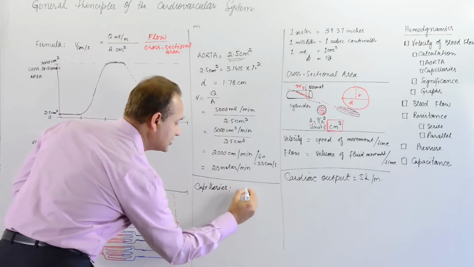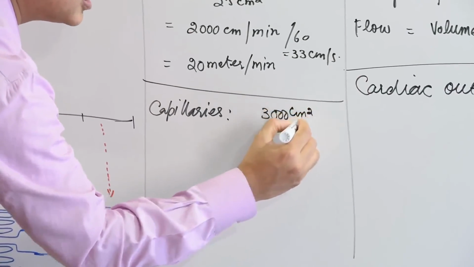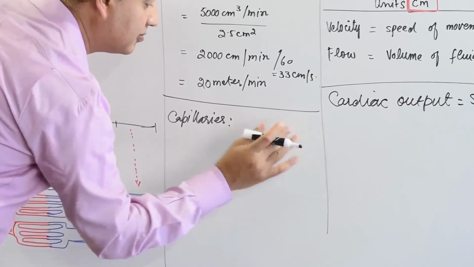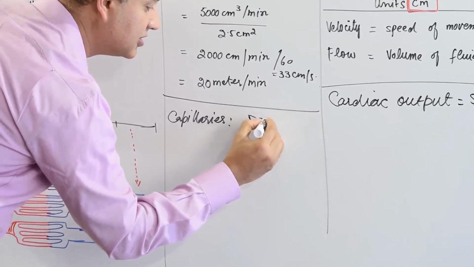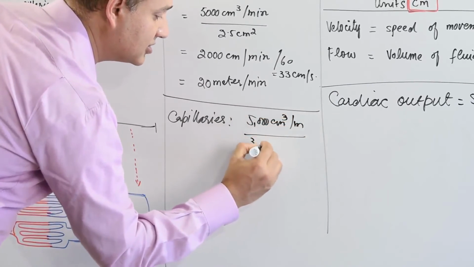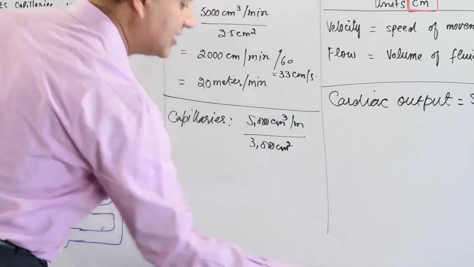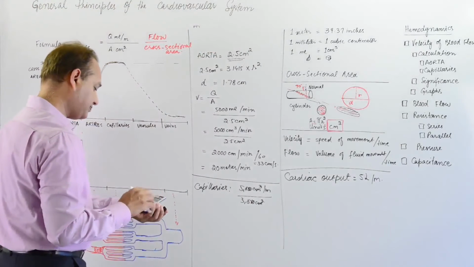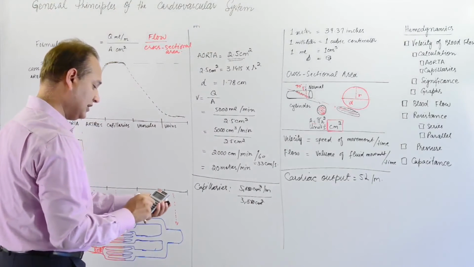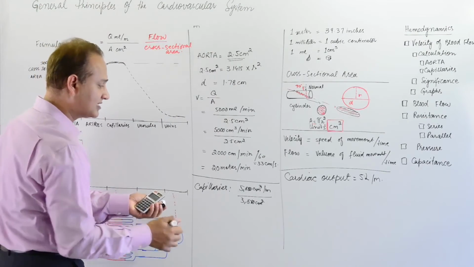The blood flow is 5000 centimeter cube per minute divided by 3000 centimeter square. 5000 divided by 3000 is about 1.6 per minute.